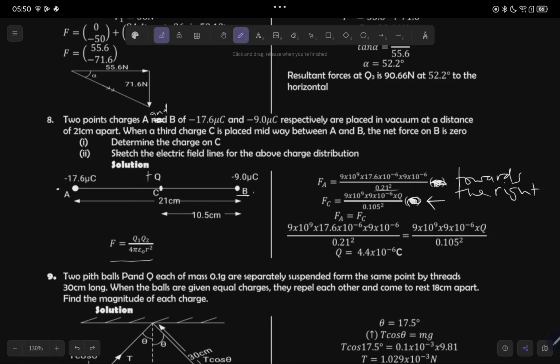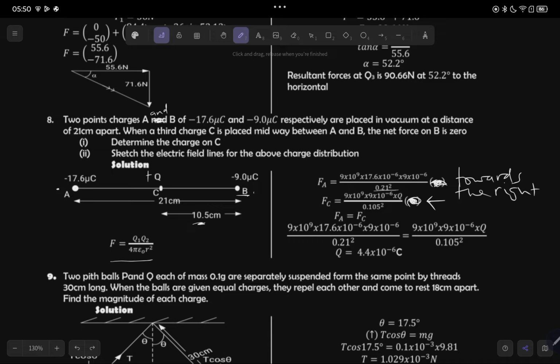So when we put in the values, the charge at B is 9 times 10 to the power negative 6, this is the constant 1 over 4 pi epsilon naught, and this is the unknown charge at C. Then this one should be equal and opposite, plus of course the distance. Since it is the midpoint, it is half of 21, which is 10.5 centimeters, which translates to 0.105 meters.